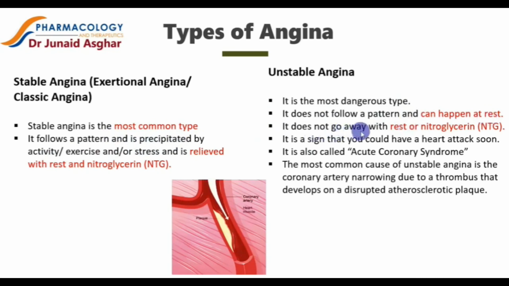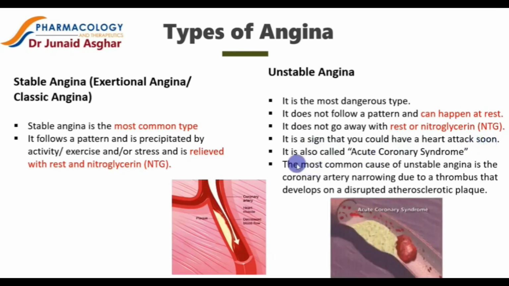It does not go away with rest or nitroglycerin. So a total contrast. The other goes away with rest by taking nitroglycerin, while this does not. It is a sign that you could have a heart attack soon. That is very dangerous. It is also called acute coronary syndrome.